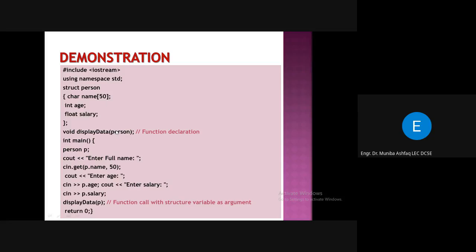If you remember, in the offline classes we simply wrote int, int comma int, let's suppose. It means that integer variables would be there. You don't have to specify the variable names in the function prototype.